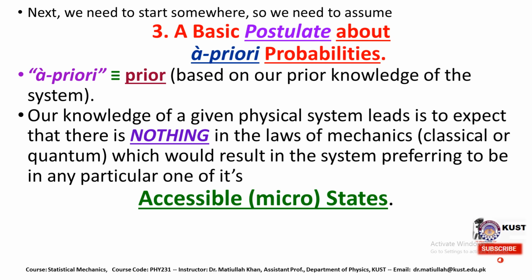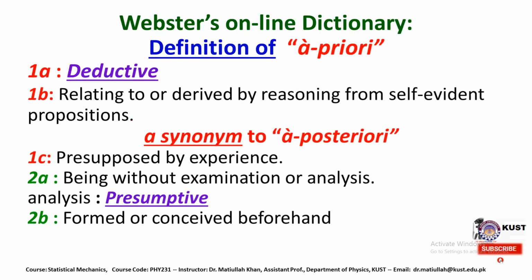Once we find all the accessible states, we can apply the third step of the statistical description of a system, that is the basic postulate of probability. It says that all accessible states are equally probable, or in very simple words, all microstates are equally probable. Or we can also say that the probability of all microstates is the same.